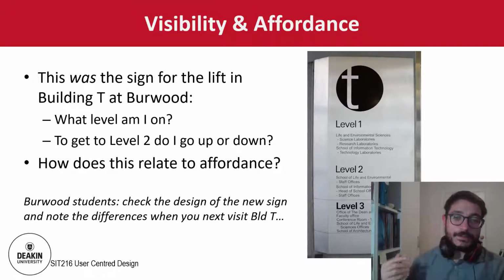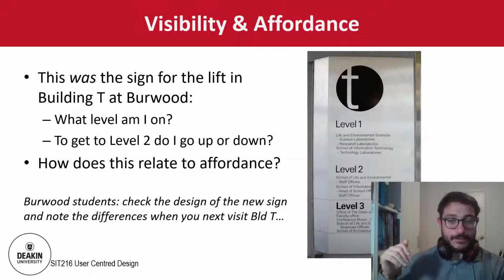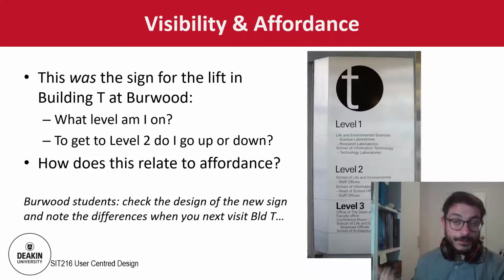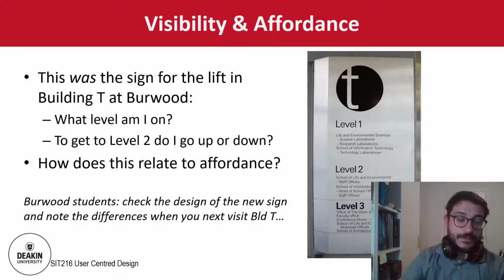What if level 1 is instead on top instead of being at the bottom? What if you get into those really complex buildings where you have level 0 and then you have -1, -2, -3? Because that could happen as well. So this sign doesn't really help the user. This is a problem.